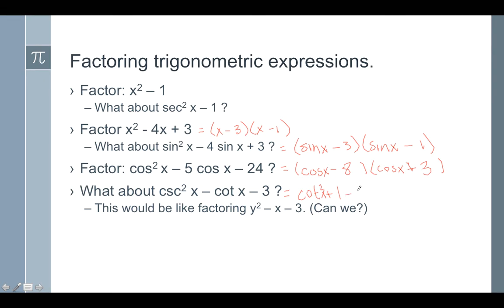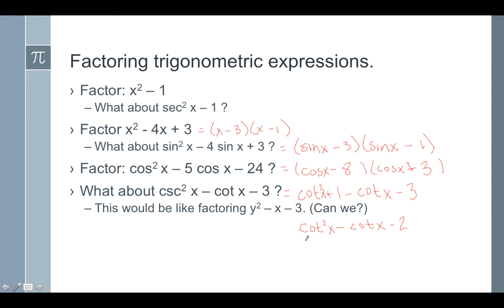And we're just going to tag on the rest of the expression. Then we're going to simplify. We're going to say this is now cotangent squared x minus cotangent x. A plus 1 and a minus 3 makes a minus 2.